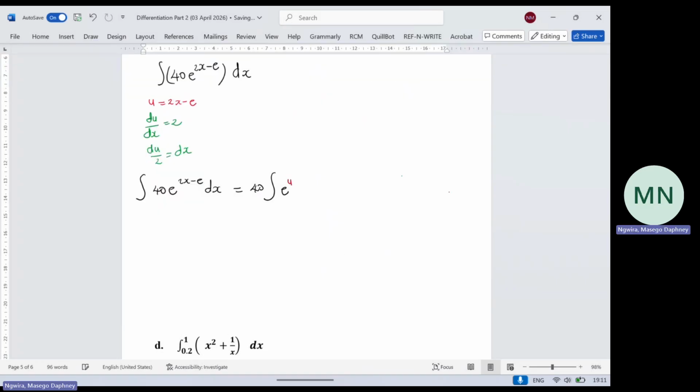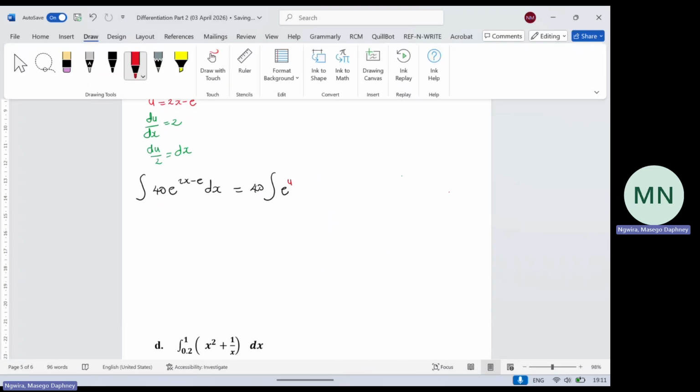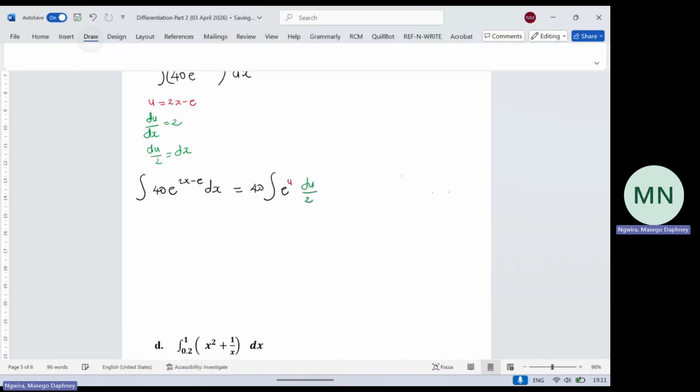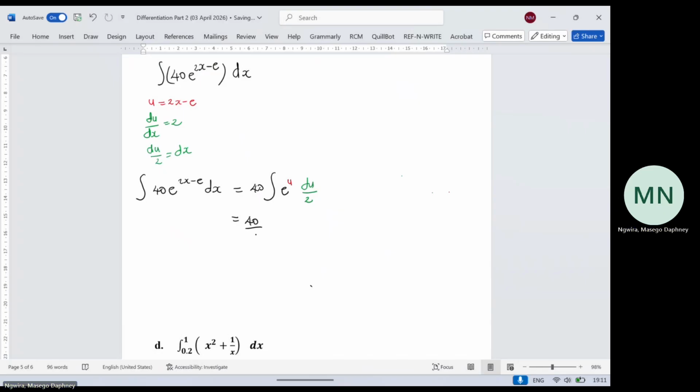And then we have our dx, which we said is going to be du over 2. I've done this, so I'm not going to do it the longest way. Now I'm just going to have 40, the integral of, then I take this to the side, over 2. This 2 comes from here.